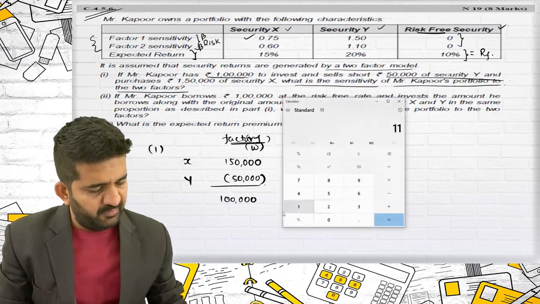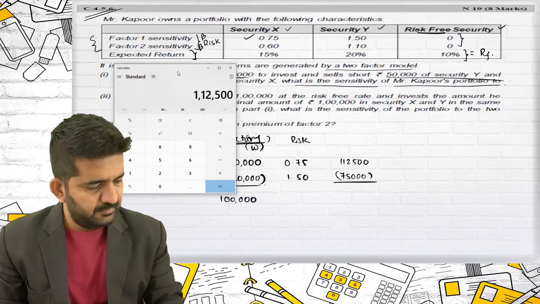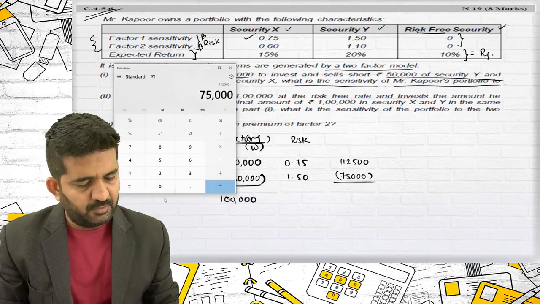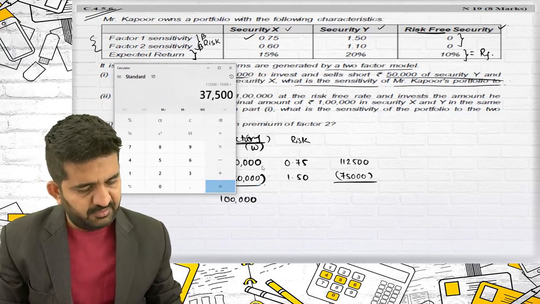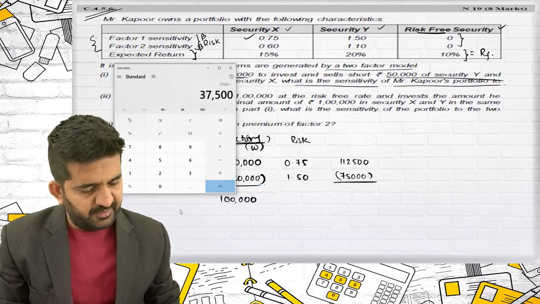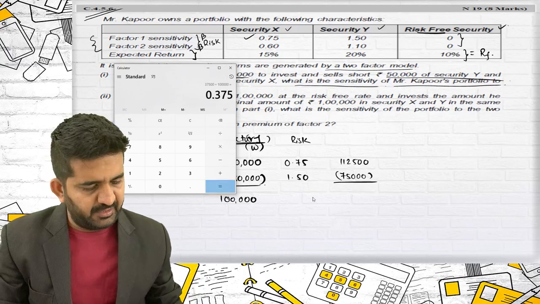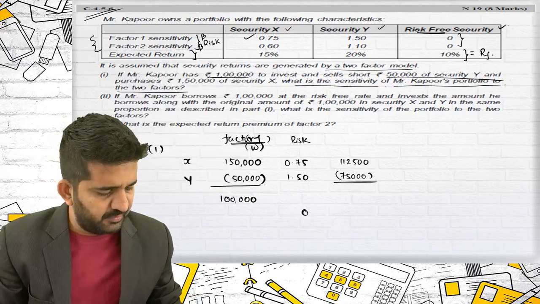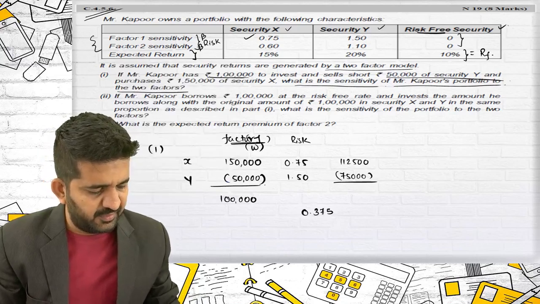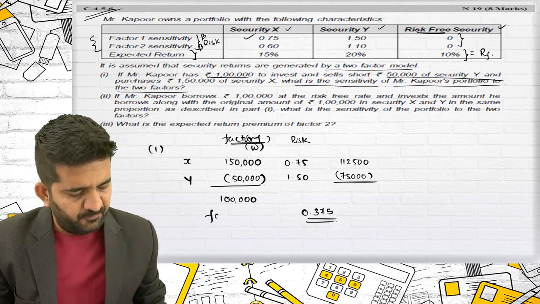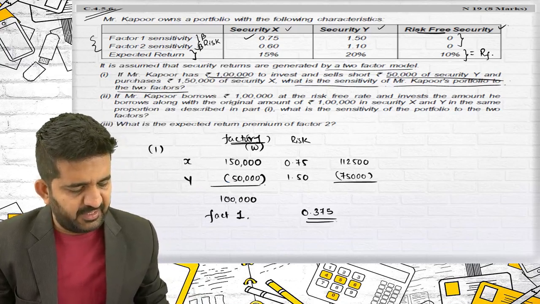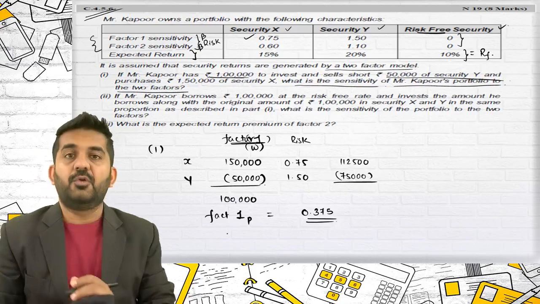So this would be 1,12,500 minus 75,000, 37,500, divided by 1 lakh, it is 0.375. Factor sensitivity 1 of the portfolio.